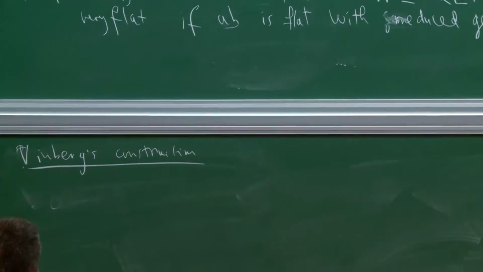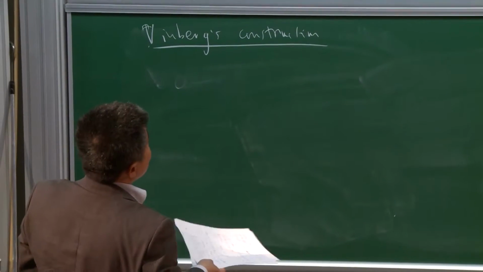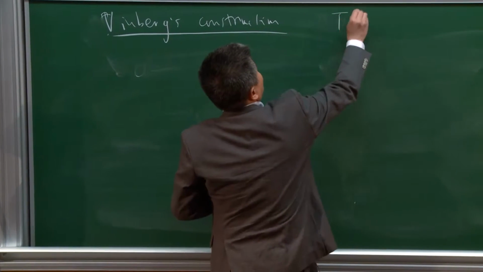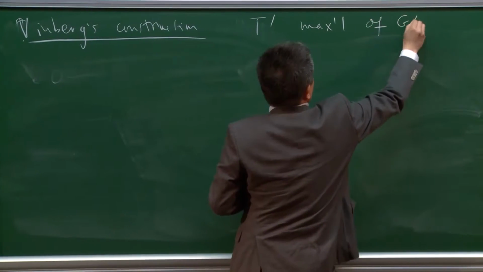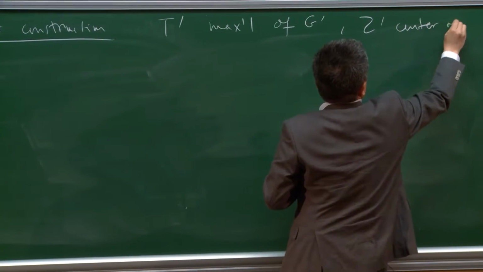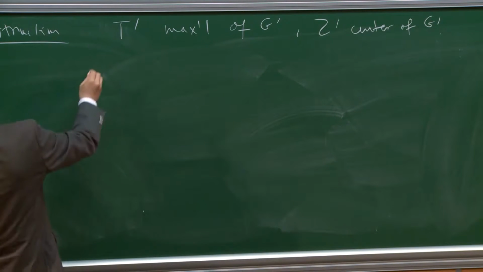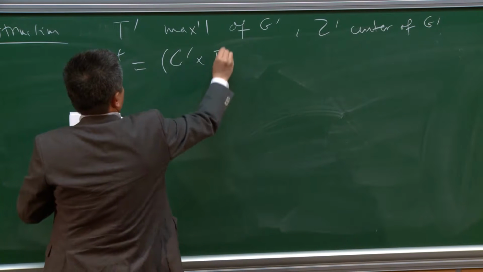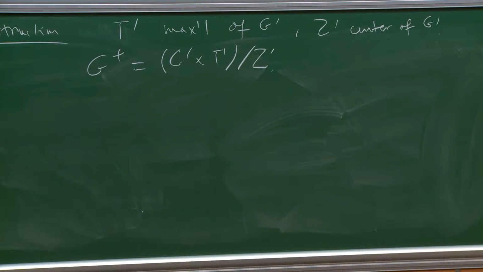Okay, so let me construct one of these monoids, the universal one. So let T prime be the maximal torus of G prime and Z prime the center of G prime, and you can put G plus to be G prime times T prime mod Z prime acting diagonally.